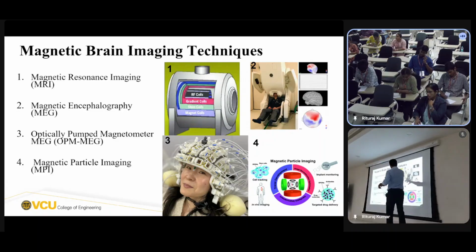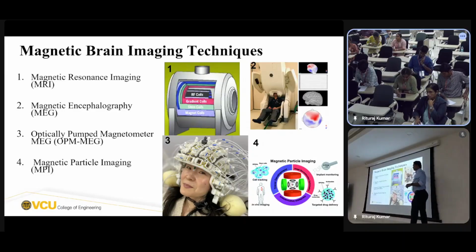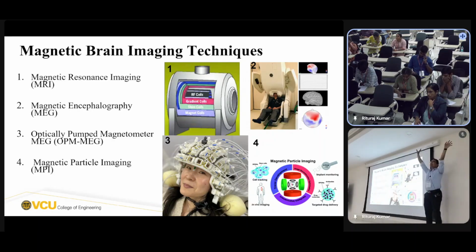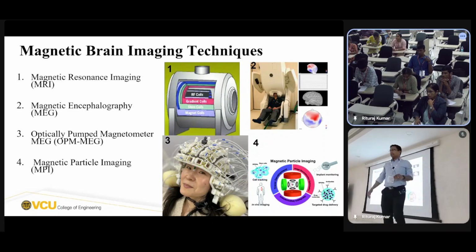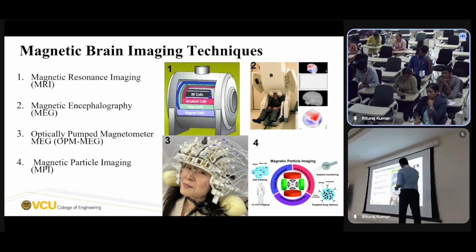So an MRI machine looks like this, your body goes in here. This is MEG. With MEG, you just put your head in like this and the whole machine goes up. This is a superconducting magnet here, and it images your brain. And this is the optically pumped magnetometer, or OPM MEG.